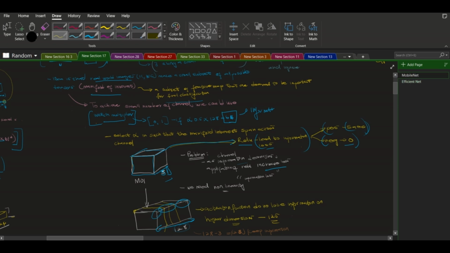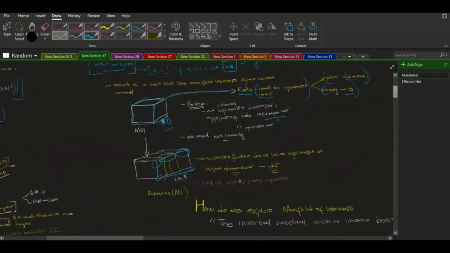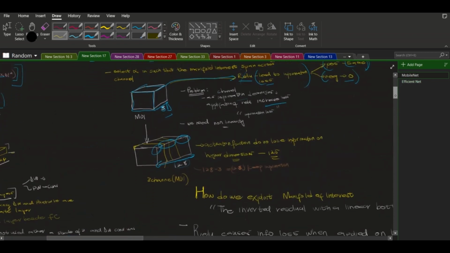So we need a way to keep information so that we can apply ReLU if we want to. Some of you might say, let's just not apply ReLU. But that means your model is not going to be complex. It's just going to be a linear model, so it wouldn't capture complex input, so to speak.